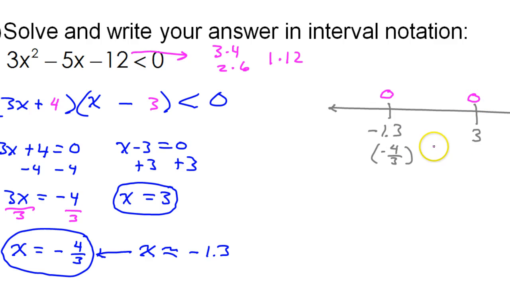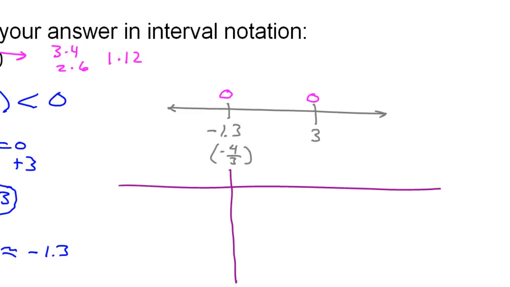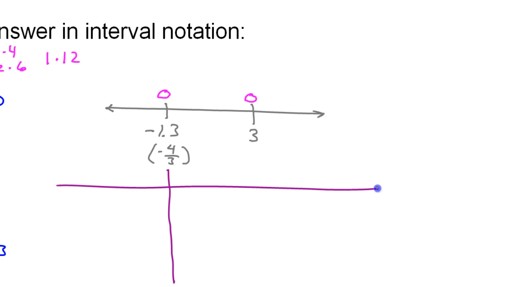Now, it's time to do test values. So what we do is we'll make a little chart out of it to help us out. Okay, I'm going to give myself plenty of space though.